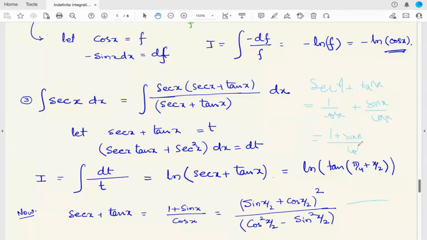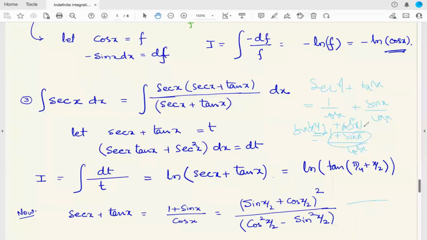Now we can write this 1 plus sin x as (sin x by 2 plus cos x by 2) whole square. How can we write it that way? Because this one is sin square x by 2 plus cos square x by 2, whose value is 1, and 2 sin x by 2 cos x by 2 is sin x.